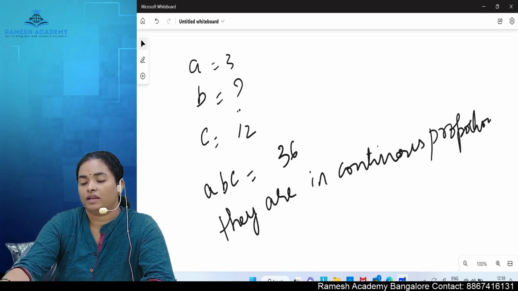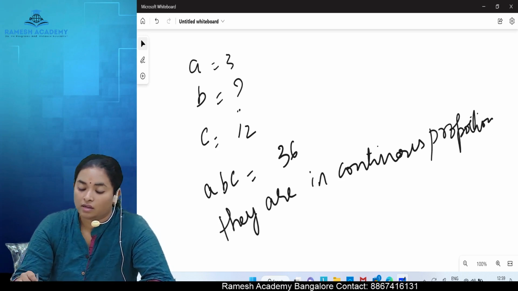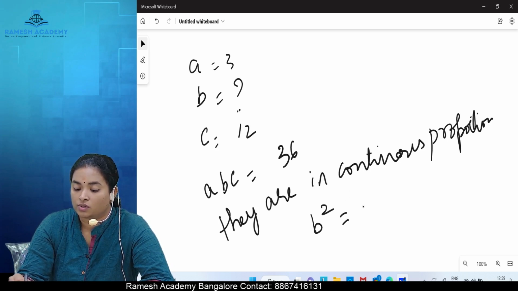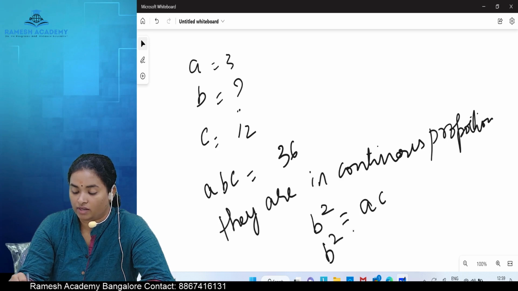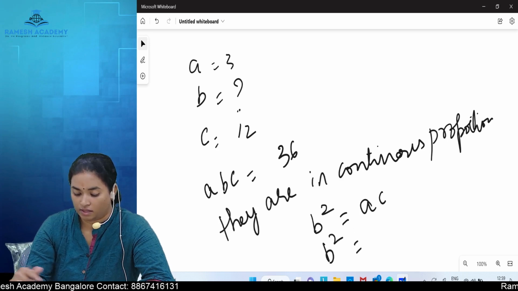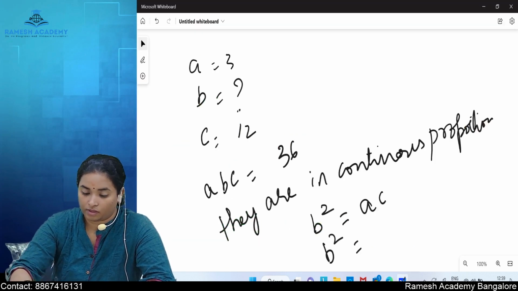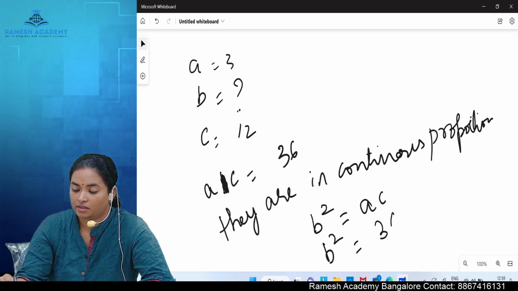When they say it is in continuous proportion, it means you can use this formula, B square is equal to AC. Here it is not ABC, it is AC. They have given 36.